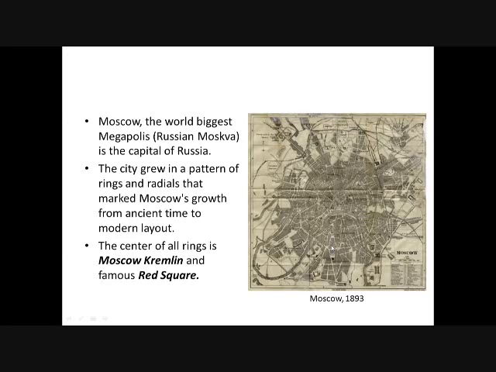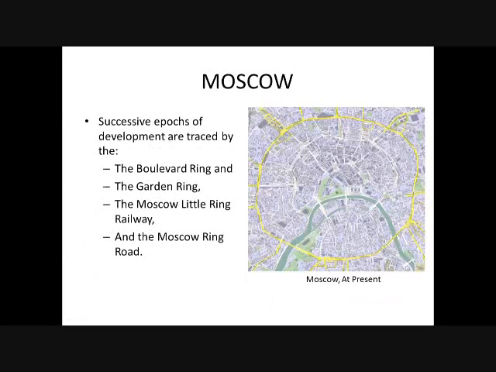The center is the Kremlin and the Red Square. Successive epochs of development are traced by the Boulevard Ring. We start to have larger and larger rings of the city. The Garden Ring, there is a green belt around the city.